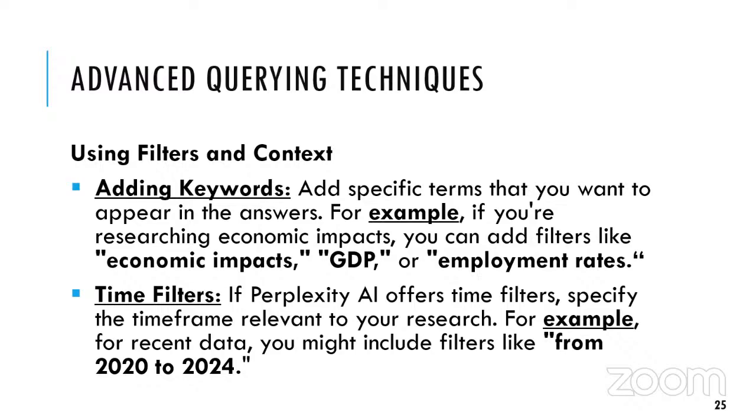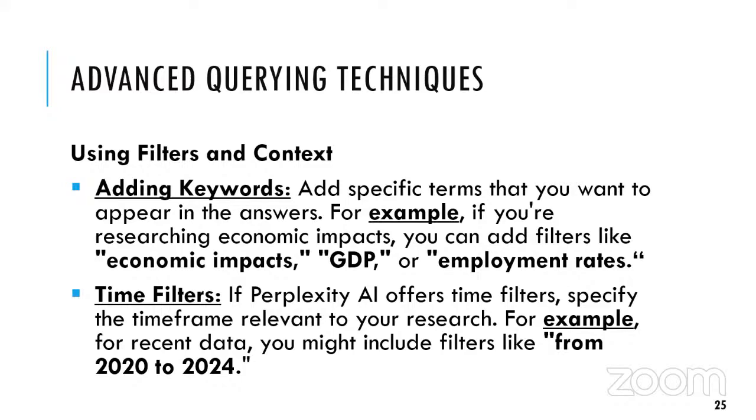Again, you can add specific keywords, search terms that you want to appear in your result. If you are researching economic impact, you can add filters like economic impact, GDP, employment rates, and so on and so forth.